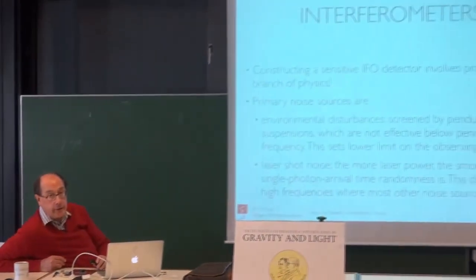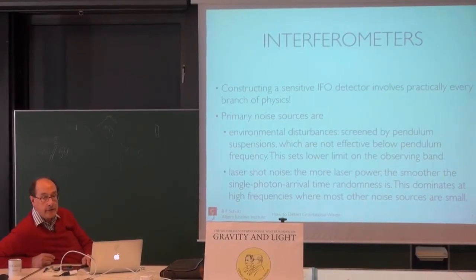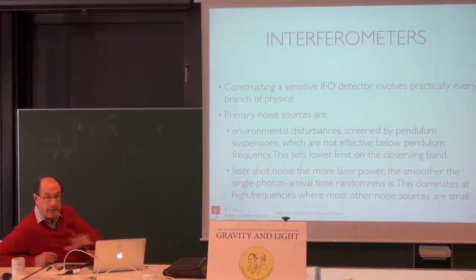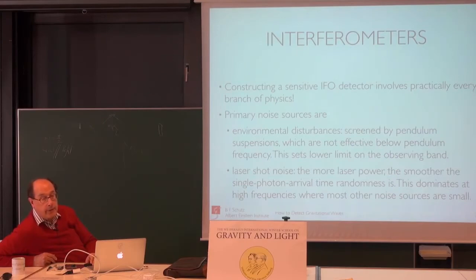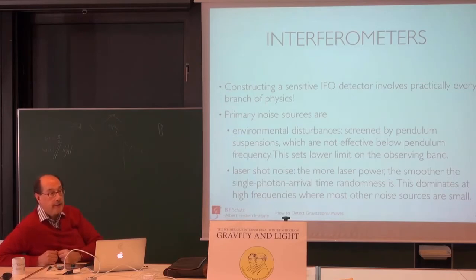At the upper end of frequencies, very few noise sources come in. It's relatively easy to build an interferometer that is isolated and so on. And so at the upper end, we're limited by the amount of laser light that we can put in, because laser light is quantized, and you have photons, and the photons arrive at the beam splitter in a random way, and that causes tiny fluctuations in the intensity of the light that comes out.